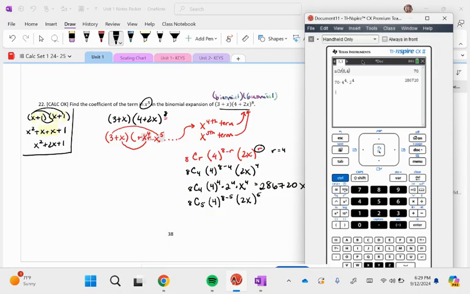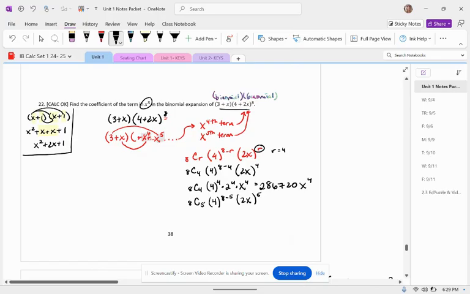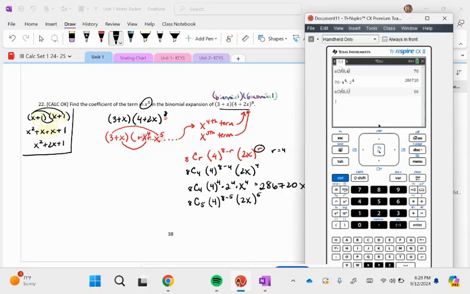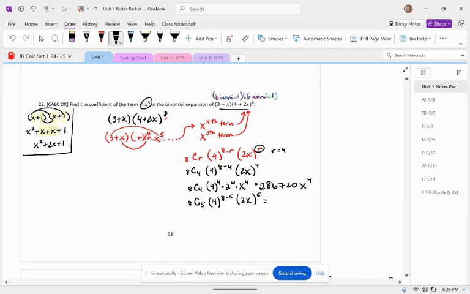Let's go ahead and find that over here. 8 choose 5 is 56. Now I have 56 times 4 to the third times 2 to the fifth. That's 114,688 x to the fifth.